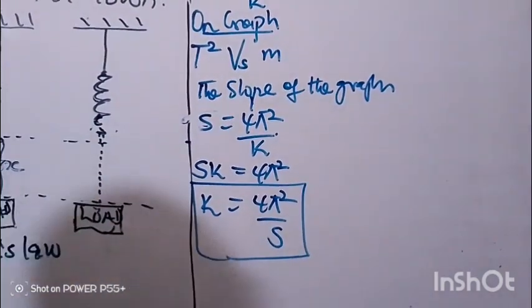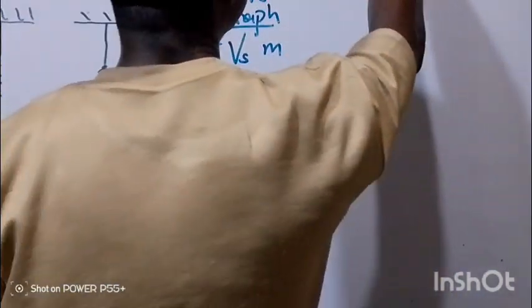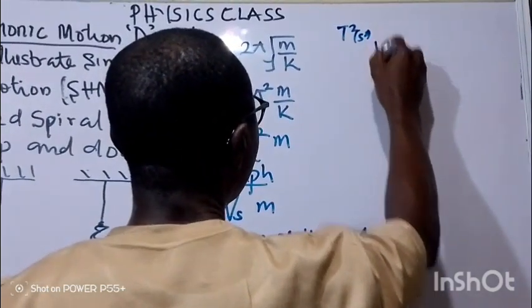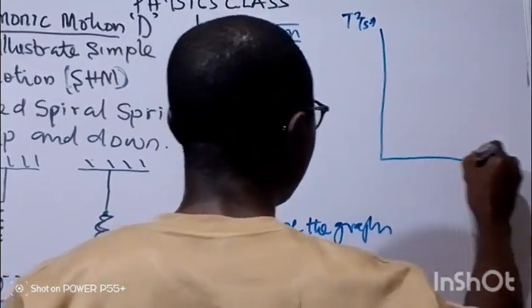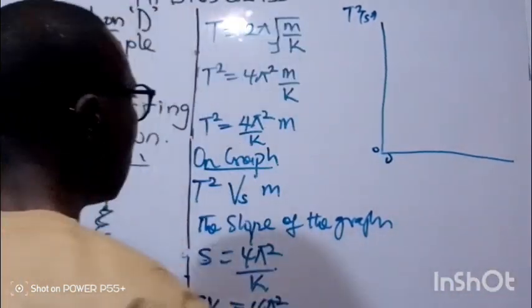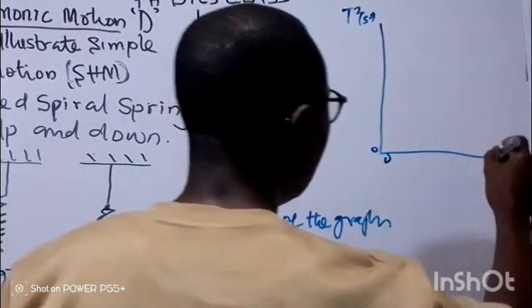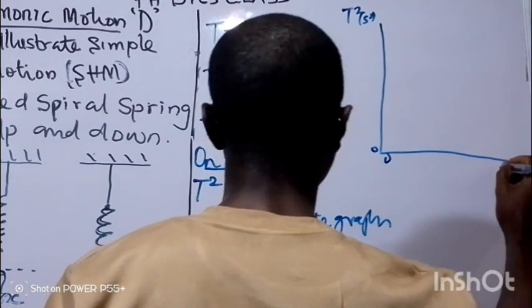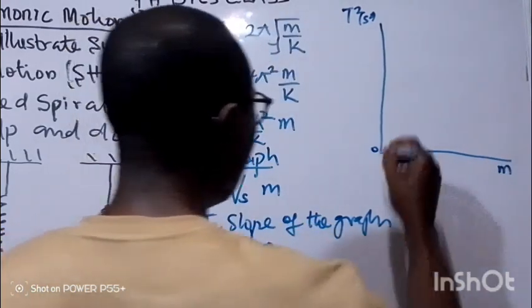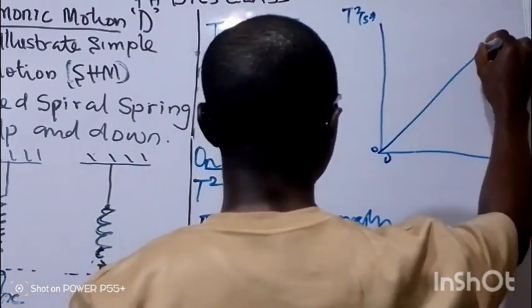And as I said, the graph of T square, that is seconds square, if we start both axes from the origin 0, 0, according to the equation, this one is versus m, so we are going to have a straight line graph.